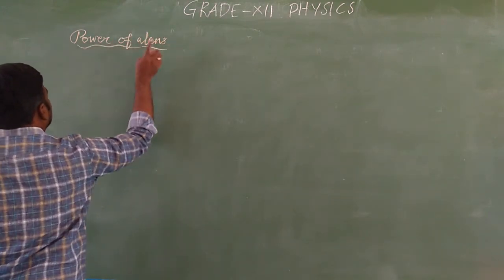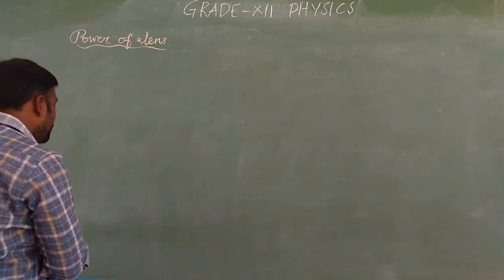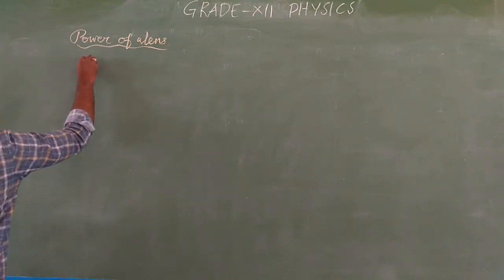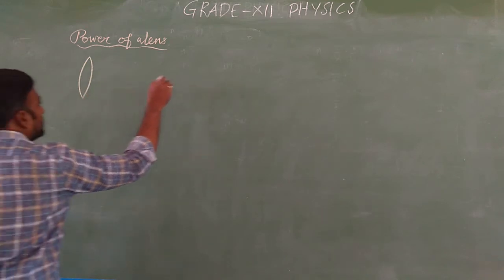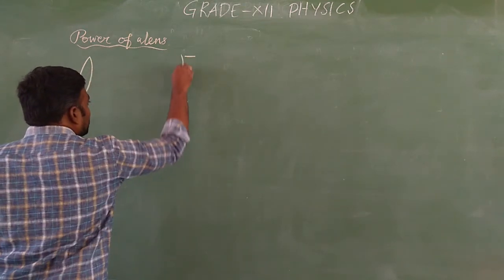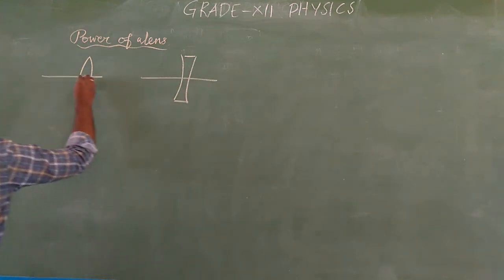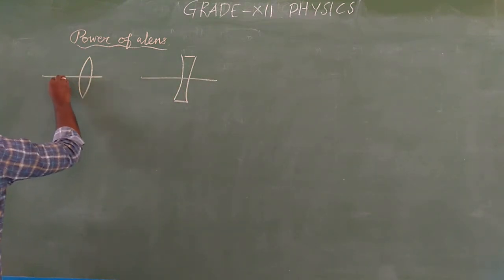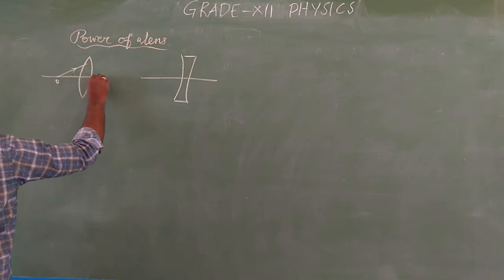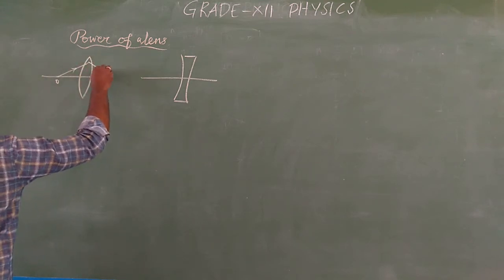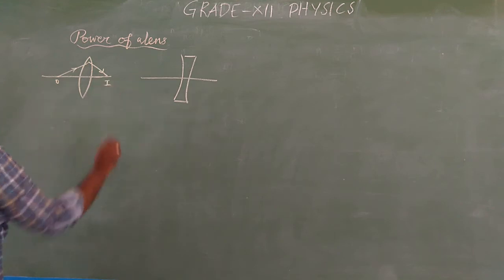Power of a lens. So we have two types of lens. What are the two types of lens? A convex lens or a concave lens. For a convex lens, the light always converges to a point, so it obtains a real image.